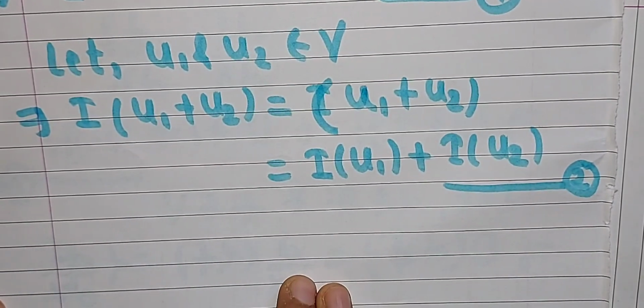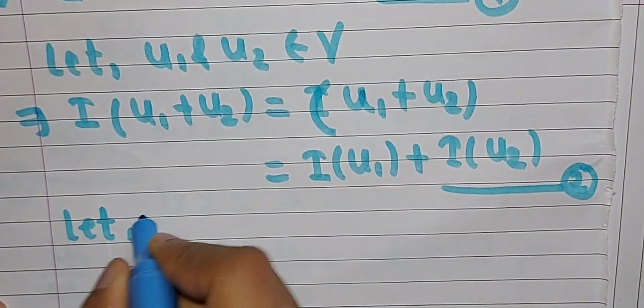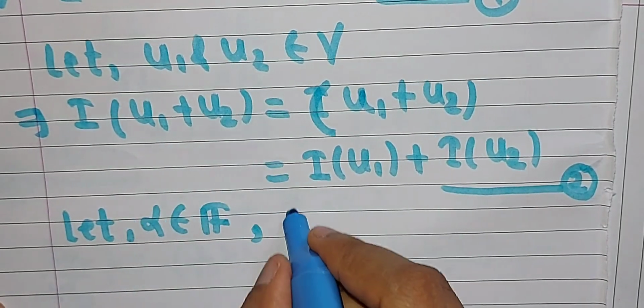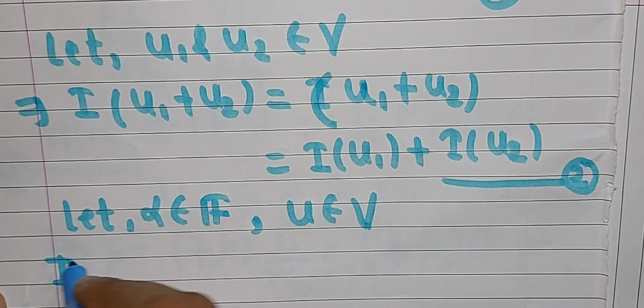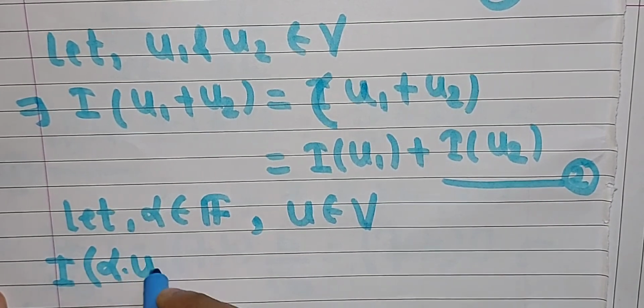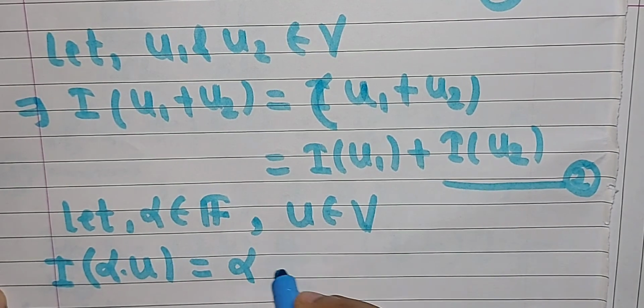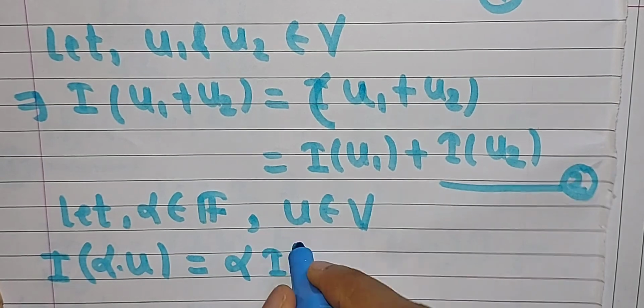Now to prove the last property of a linear transformation, just consider one element from the field, that is, let alpha belong to the field, and one element from our domain, that is, let u belong to capital V. Then consider I on the scalar multiplication alpha u, which is equal to, taking alpha as a common element because it is a scalar, alpha times I of u.